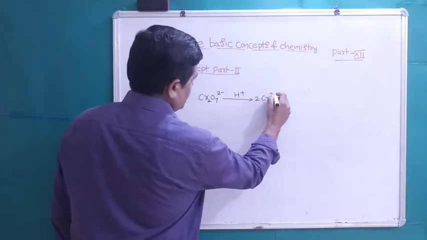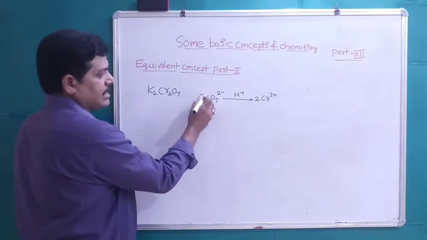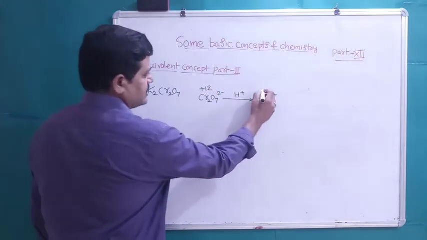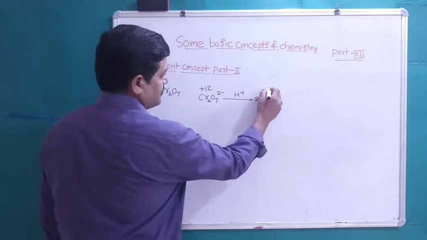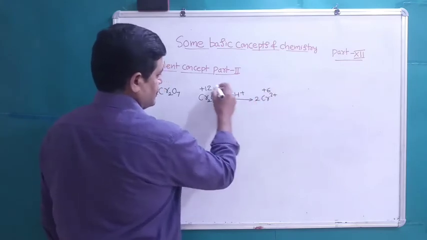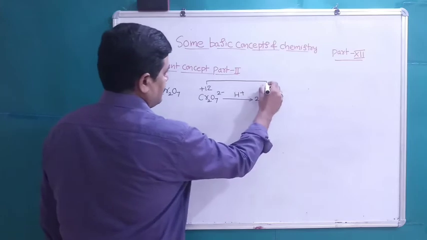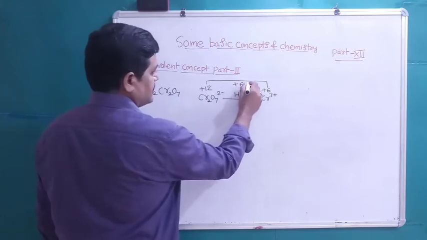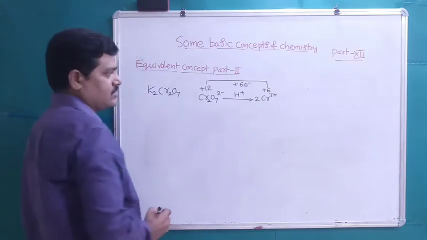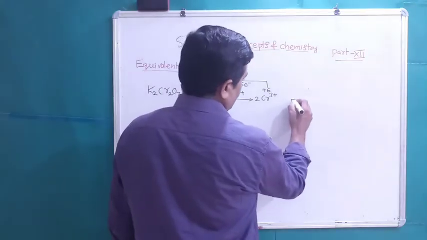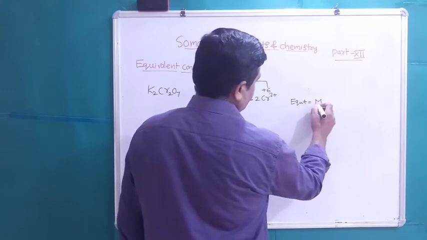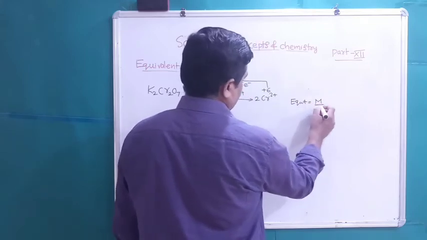For 2 chromium atoms, the oxidation state is +12. On the product side, the oxidation state for 2 chromium atoms is +6. Right? So the number of electrons gained is 6 electrons. Oxidizing agent will gain the electrons. Then equivalent weight is equal to molecular weight M divided by n factor 6.